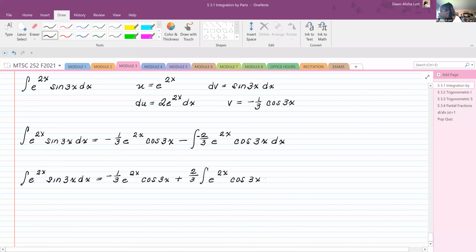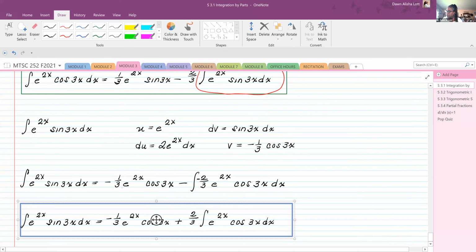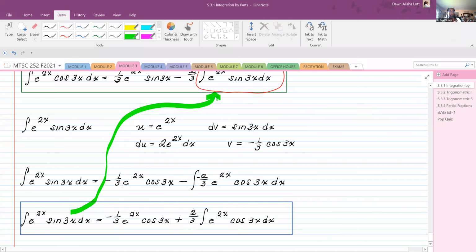There's my wraparound. So now here's the second integral. And now I need to do the same thing I did before. I need to take this and plug it in there. Okay, anybody that does not see what I'm doing?